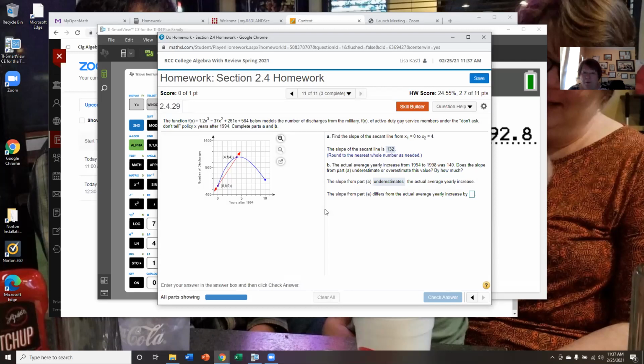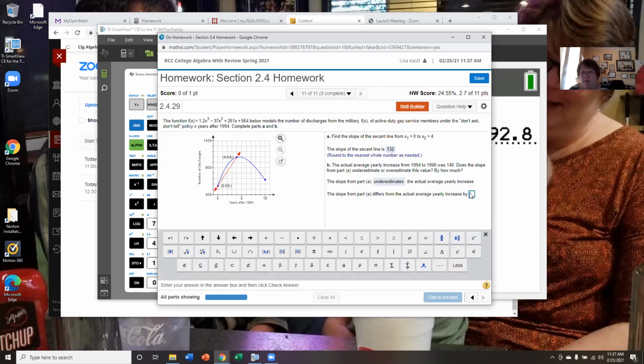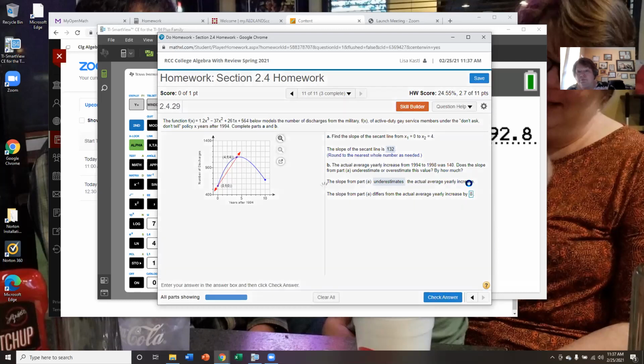Okay, the slope from part A differs from the actual increase by, looks like 8. Because the reality was it was 140 people per year being discharged from the military during the beginning of the don't ask, don't tell policy.